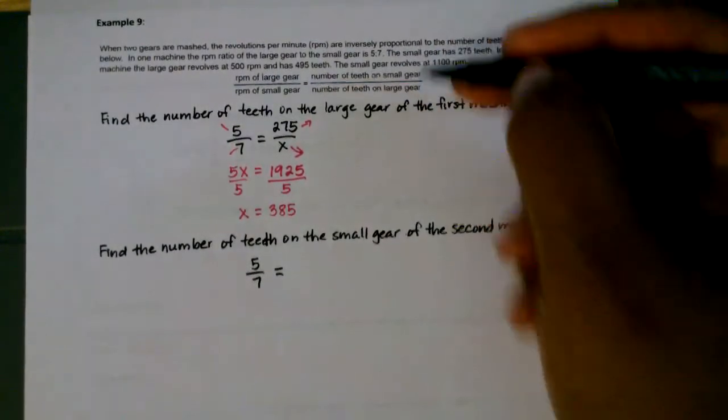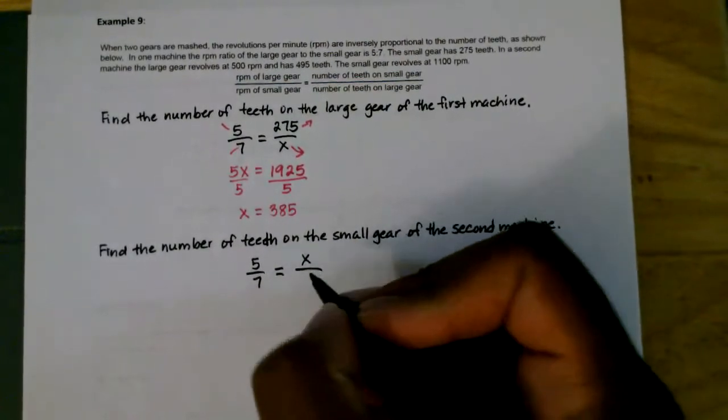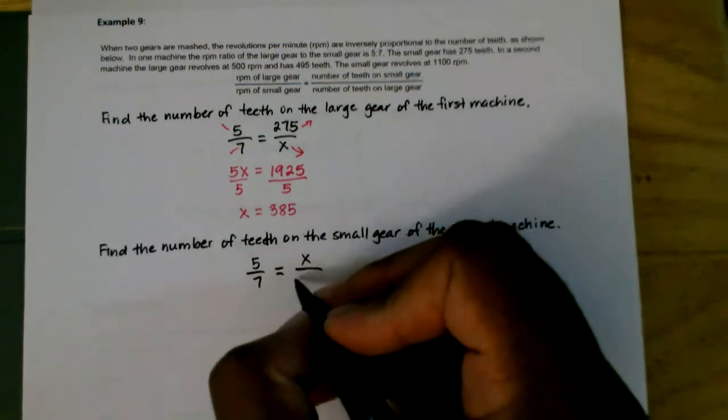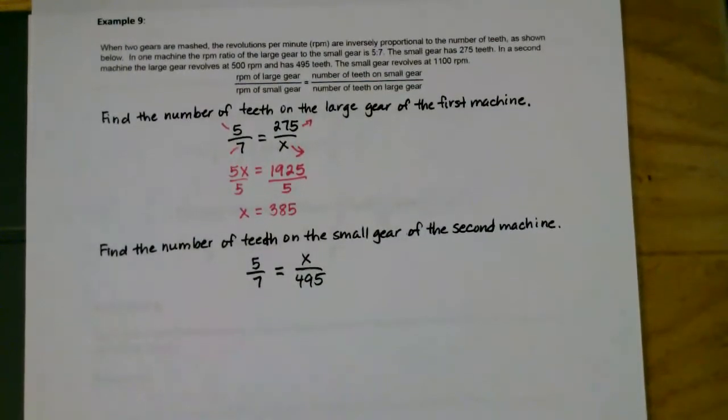The number of teeth on the small gear is what we're trying to find for that second machine. So that's going to be x over, let's see, the second machine's large gear revolves at 500 RPM and has 495 teeth. So that's going to be our proportion.